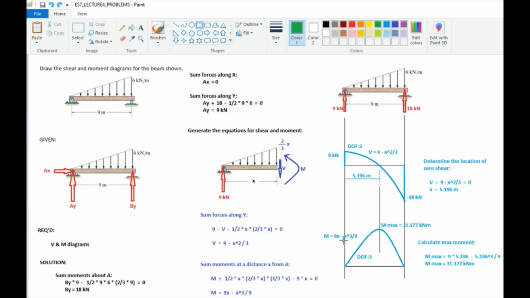Okay, so substituting x of 5.196 meters, we can solve the maximum moment to be 31.177 kilonewton meter. Okay, so we just substituted. Now, the degree of freedom of our moment diagram is 3. For our shear diagram, it is 2.